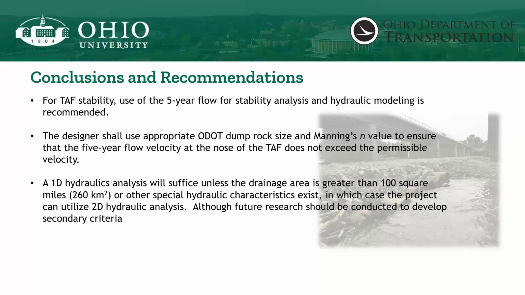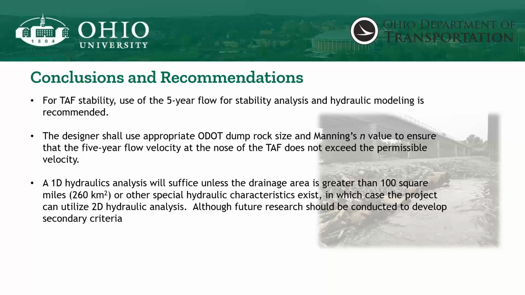For the TAF stability, use a 5-year flow. You can get the flow from StreamStats, so you can run your hydraulic models. Design shall use appropriate ODOT dump rock size and length and width to ensure the 5-year flow velocity at the nose of the TAF does not exceed a permissible velocity.